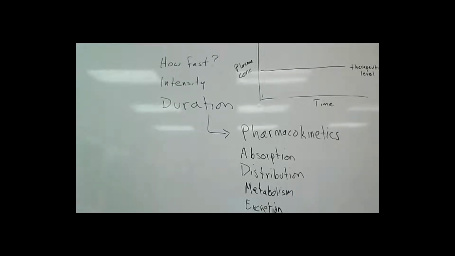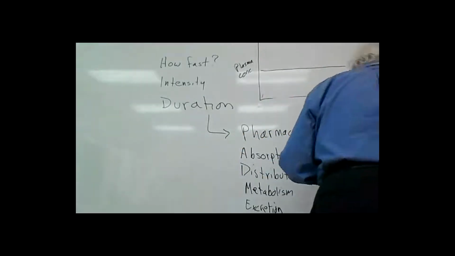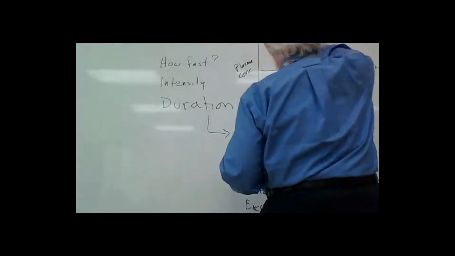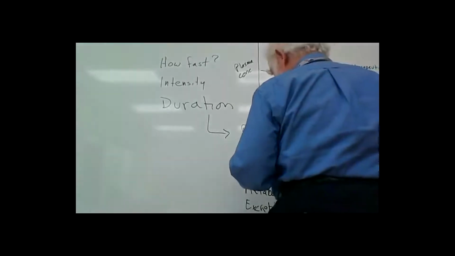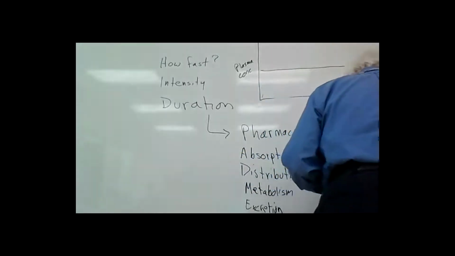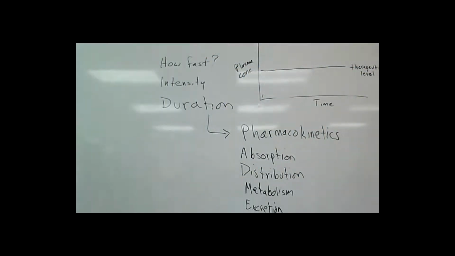Now, at the same time, we're interested in knowing what the toxic dose is. How do we determine that? Well, in our phase 1 clinical trial, remember, the purpose of that study is safety. What we do is we keep giving our healthy volunteers increasing amounts of drug until something happens.